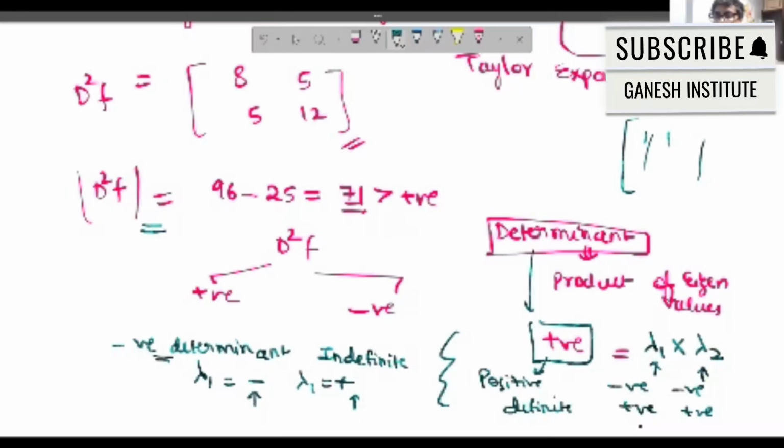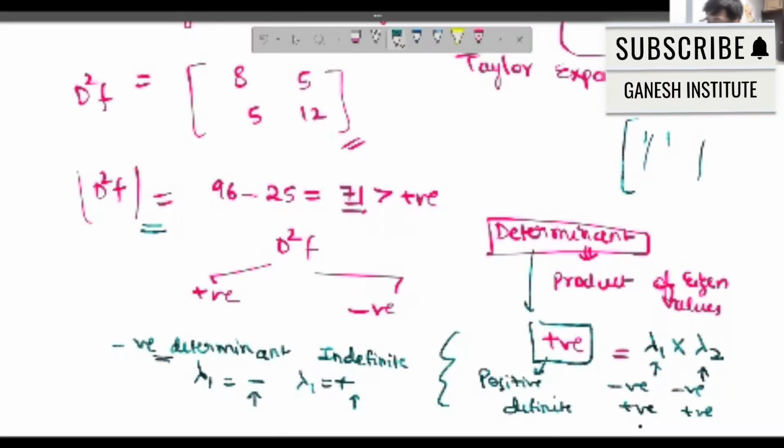If the determinant is positive, then it is positive definite. If the determinant is negative, it is not. So this is not the exact way to say whether something is positive definite or not, but this is an approximation. We are finding it out using the determinant.